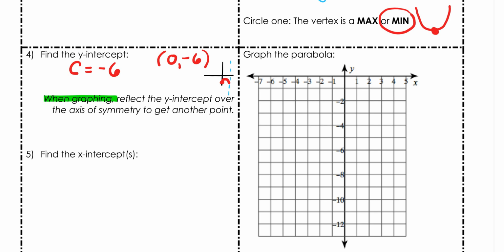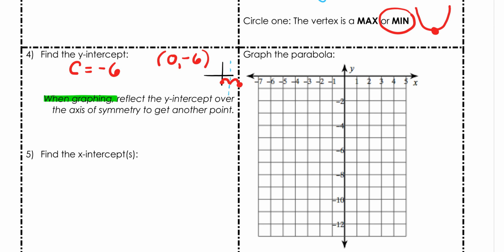So if it's, let's say, 1 box away, we count 1 box away on the other side, and then we would plot another point. So we have a lot of different points that we can start plotting here to start visualizing our graph.